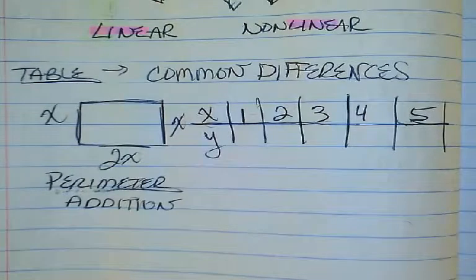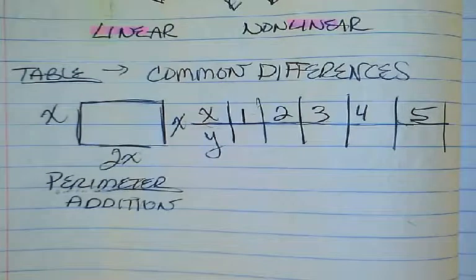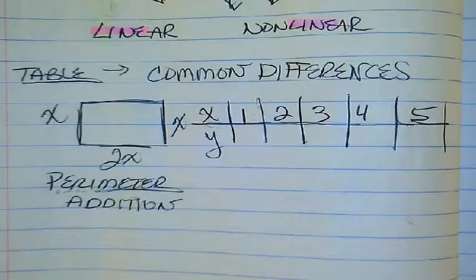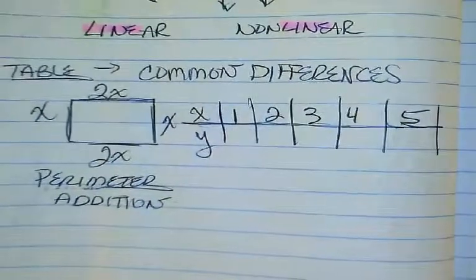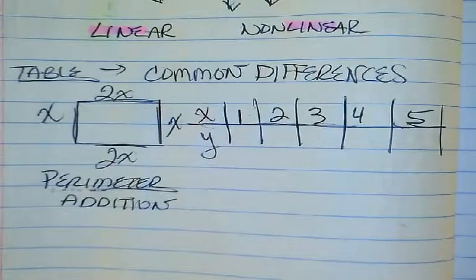Y luego, Alan, tenemos 2X aquí. So, si tiene 2X aquí, ¿qué es aquí? 2X está aquí. ¿Qué es eso? 2X. Ya, muy bien. So, adición, ¿no? This is más, adición.